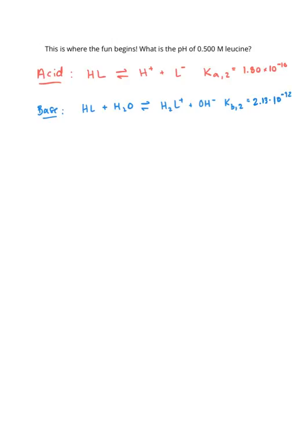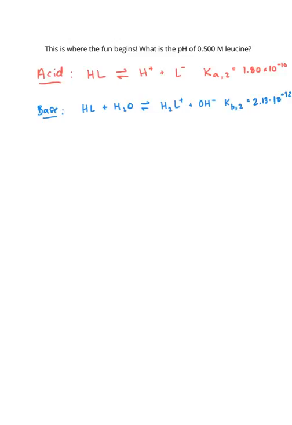Because the Ka2 value and the Kb2 value for leucine acting like an acid or like a base respectively are within 2 orders of magnitude of each other, we can't make the simplifying assumption that leucine acts predominantly like an acid nor predominantly like a base.